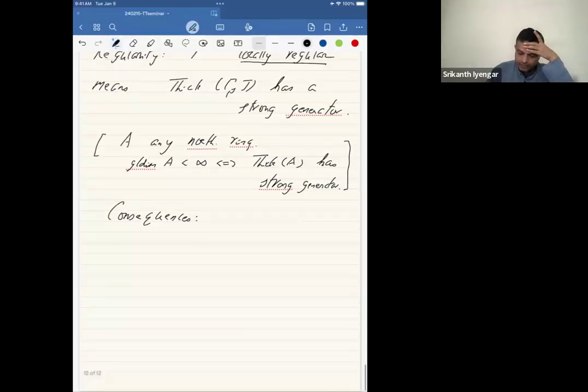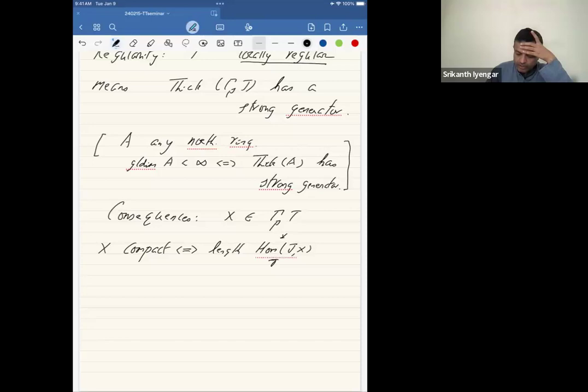So if you fix now an object X in this P-local strata of T, then X is going to be compact if and only if, the forward direction is clear, it's the reverse direction that's important, you look at the cohomology of this object, maps from the generator into X. Now, because X is P-local, this is going to be an R localized at P module, and this should have finite length. And in the same vein, X will be dualizable if and only if this R_P-module is Artinian.